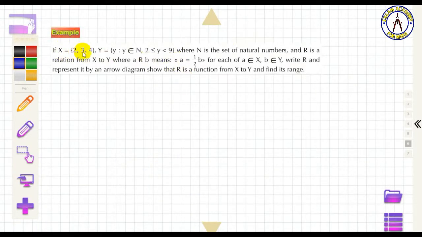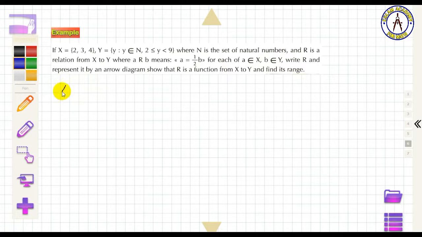If x equals 2, 3 and 4, y equals the set of y where y belongs to N, and y is bigger than or equal to 2 and smaller than 9, where N is the natural numbers, and R is the relation from x to y, where a equals half b, for a belongs to x and b belongs to y. Write the relation then represent it by the arrow diagram.